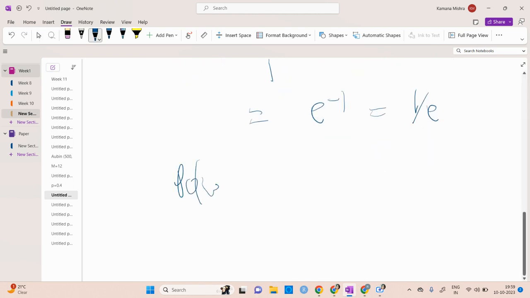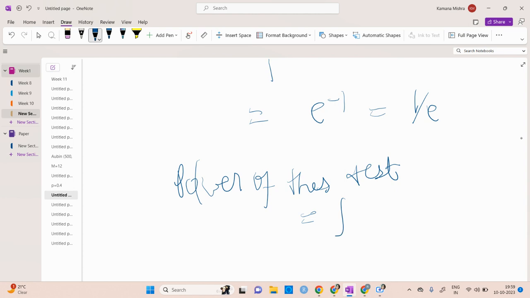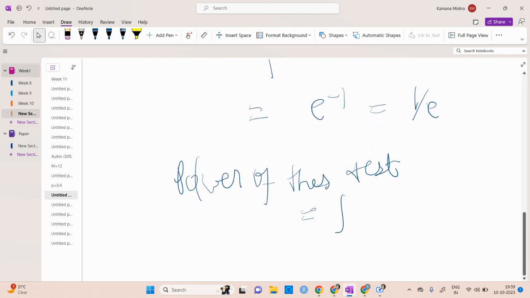And then the power of the test will be the integral from 1 to infinity, again the same, and theta is 2, so e to the power minus x upon 2 dx.